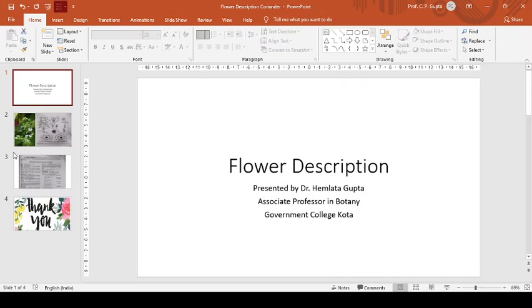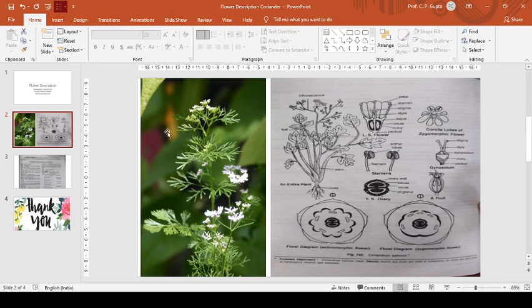Now we come to the description. This is an image of the plant. You all know this is coriander plant with flowers. We can see umbel inflorescence here. This is a diagrammatic view of the same.